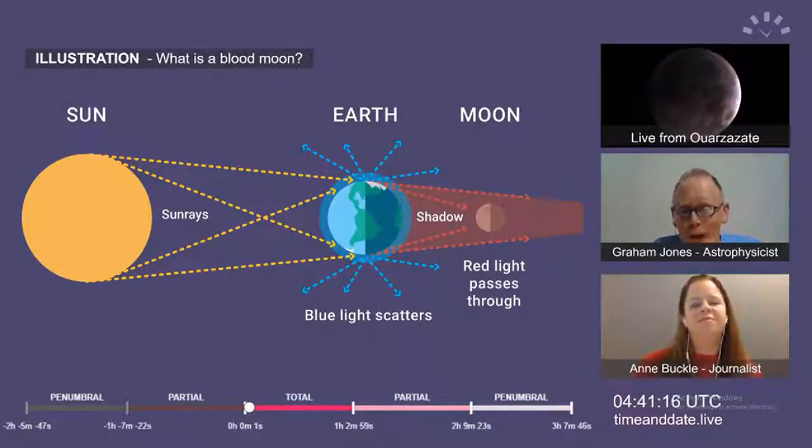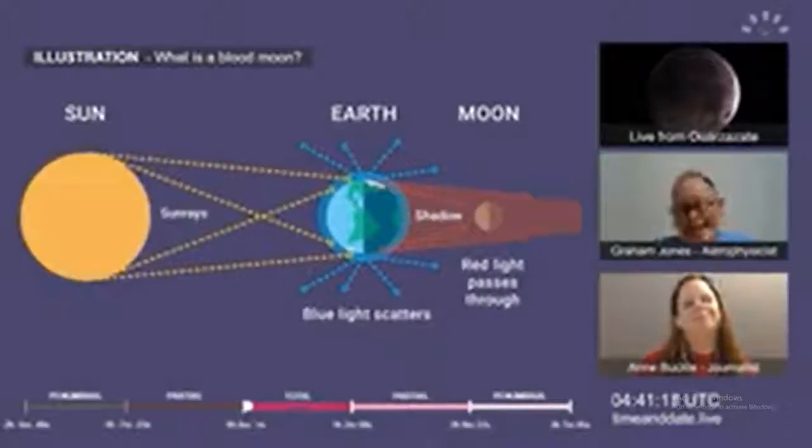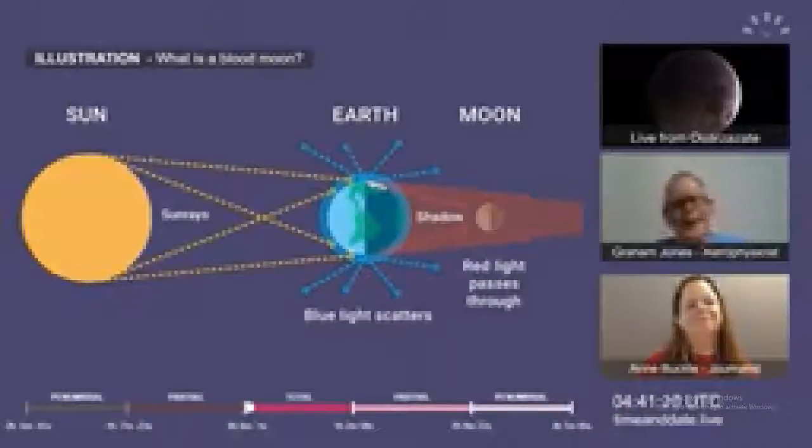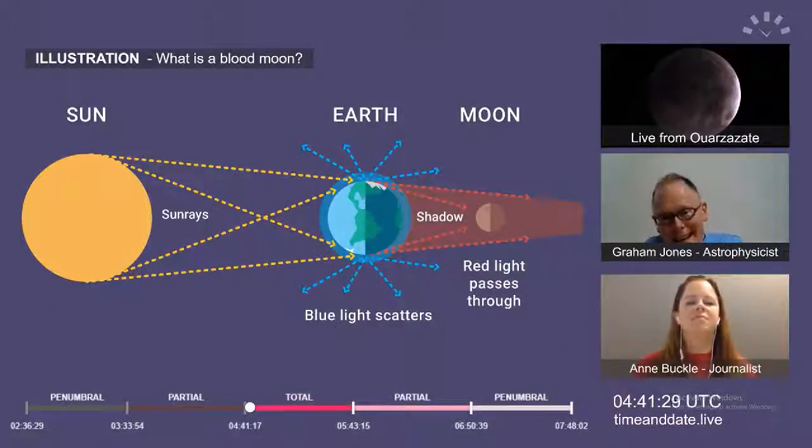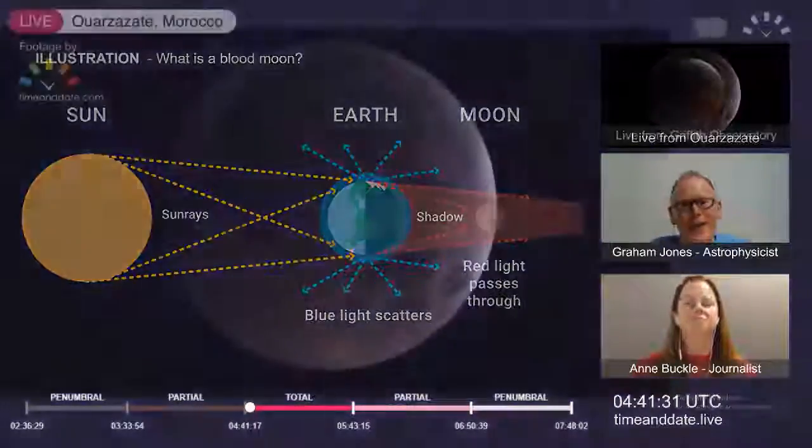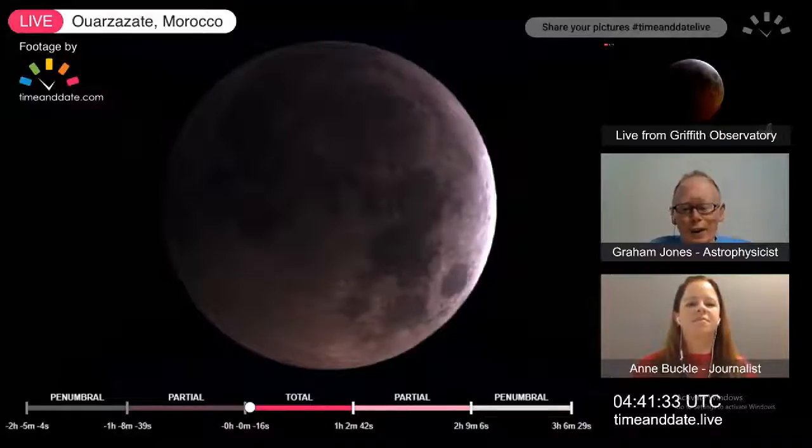It can be a variety of reddish tints. It does depend on what is happening in the Earth's atmosphere. It depends on the situation with clouds.